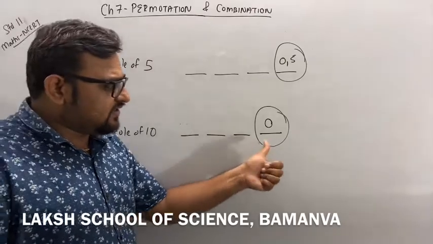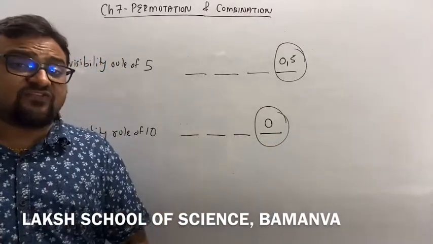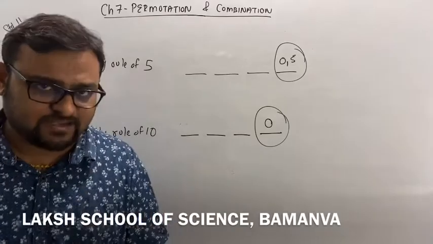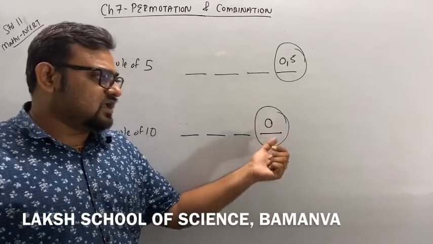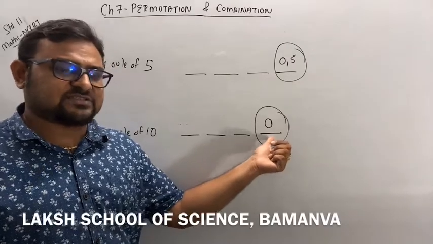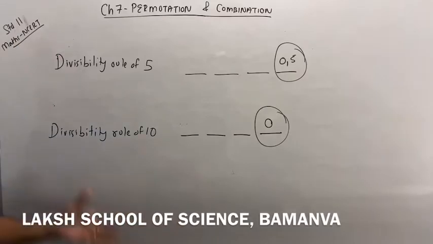So the tens place is even and the units place is 0. If it is the divisibility rule of 10, only one condition: at units place it must be 0. Clear? So just note down these two rules.